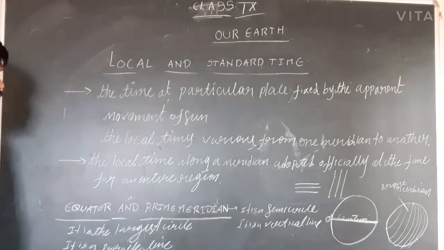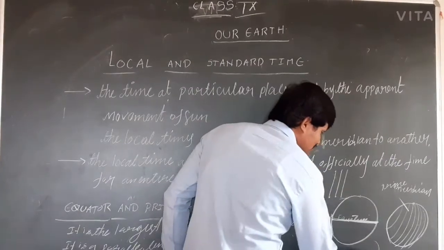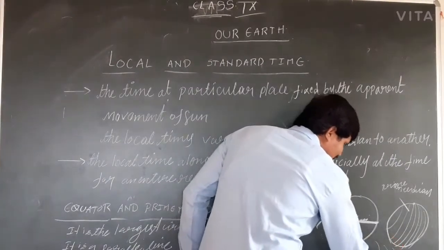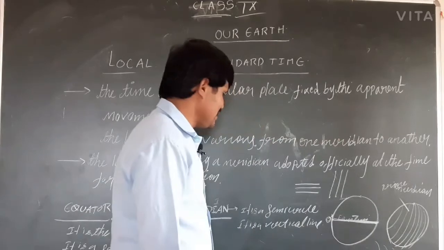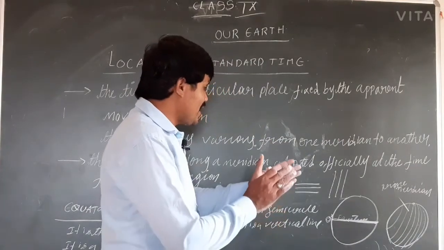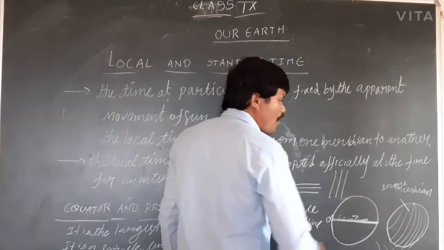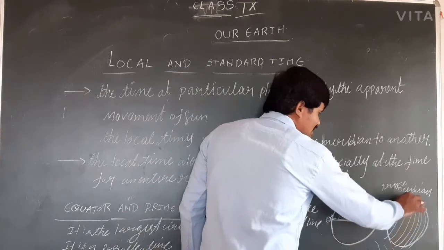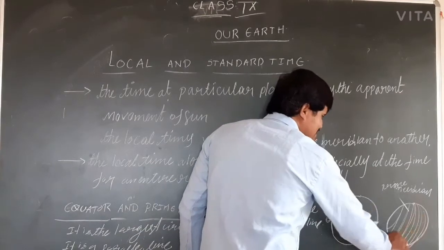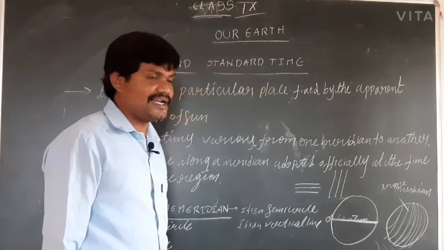The shape of the prime meridian is a semicircle, and its direction is vertical.